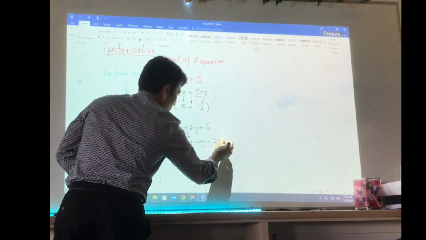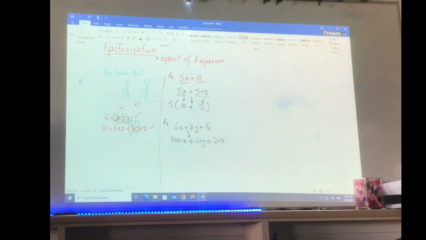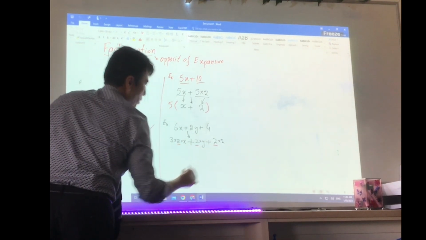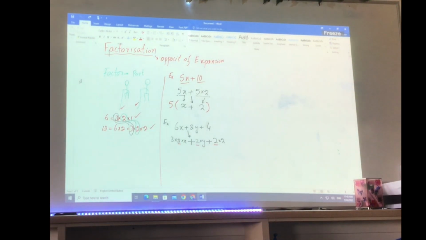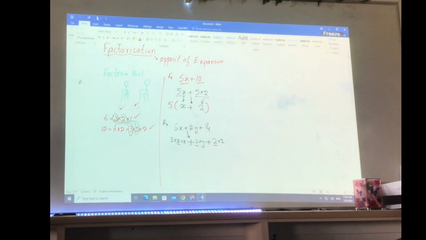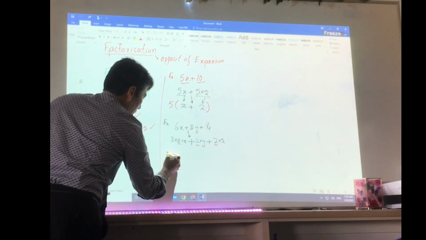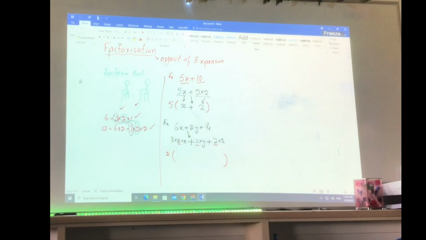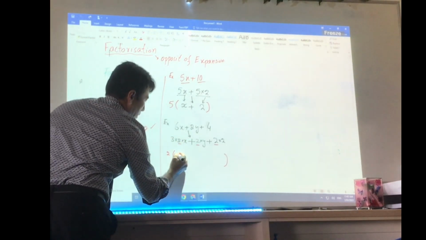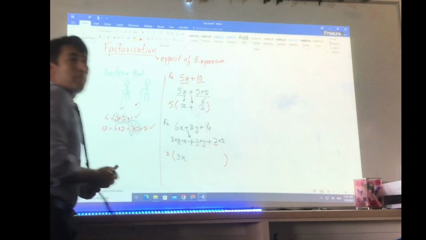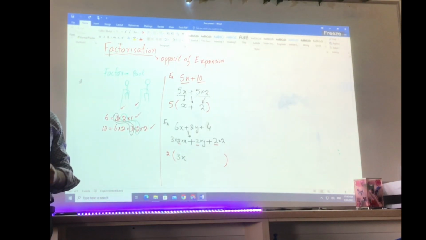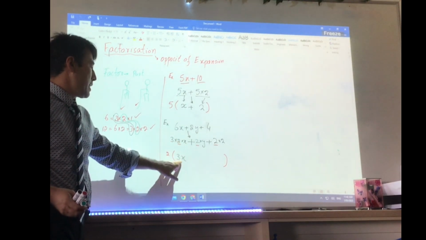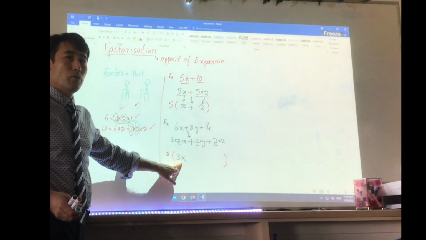Okay? Now remember, this 2 will go outside, this 2 will go outside, this 2 will go outside. So the 2 came outside, and now we look at what is left behind: 3x. Now, Wasifa, what is after this? 2 went outside, 3x is left behind, okay? What is next?